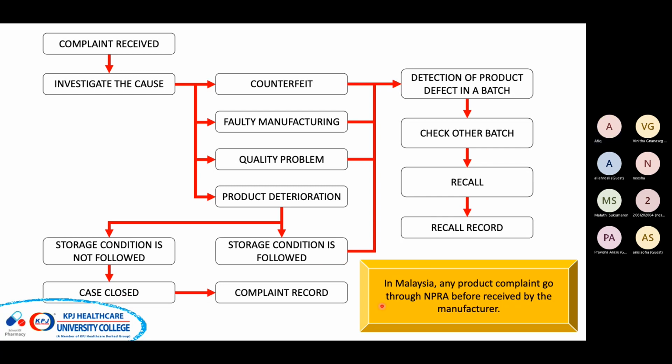In Malaysia, any product complaint will go through MPRA before being received by the manufacturer. That means the manufacturing company does not receive complaints directly. If a distributor or a patient, for example, wants to complain, it has to be through MPRA first, not directly to the company.